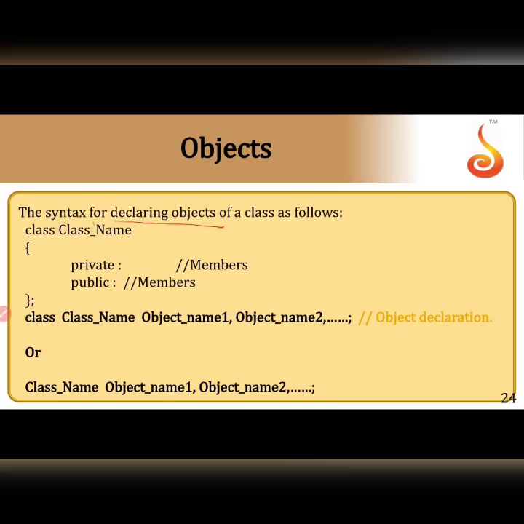This is the class. You can create it using the keyword class, the class name and then the object list, or till now how we created, directly the class name, space, the object name.